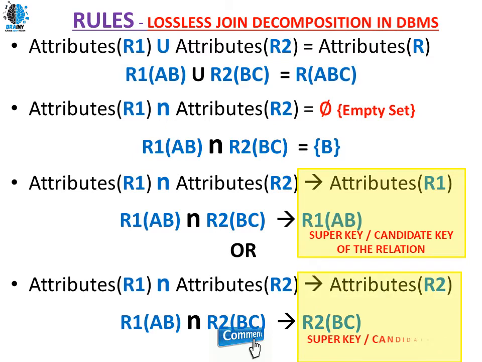So it means that BC is a super key or candidate key of the relation. All these rules are very important rules for lossless join decomposition. So let's see this with an example.